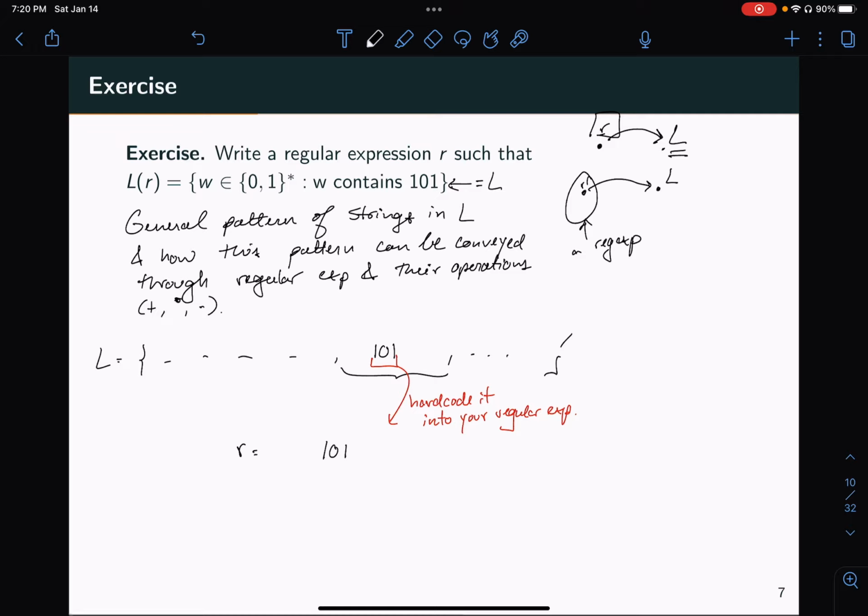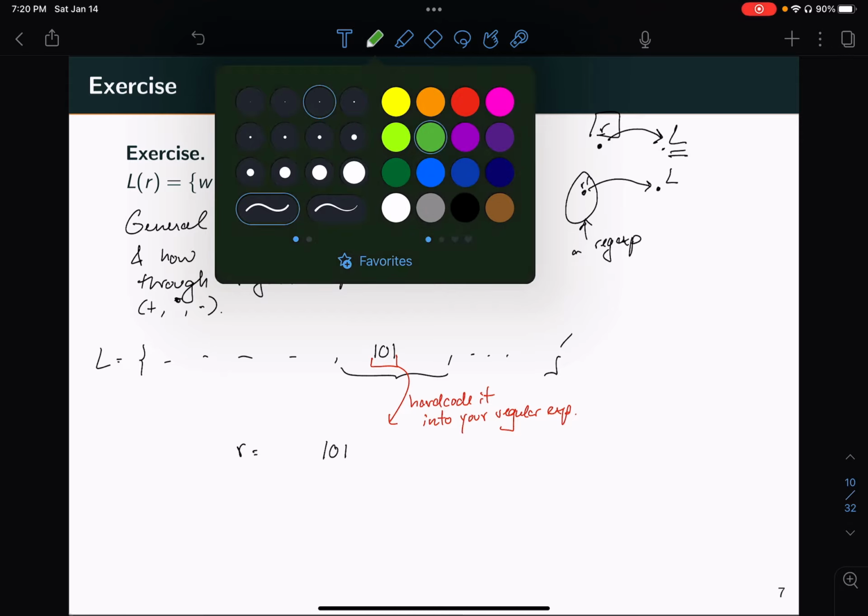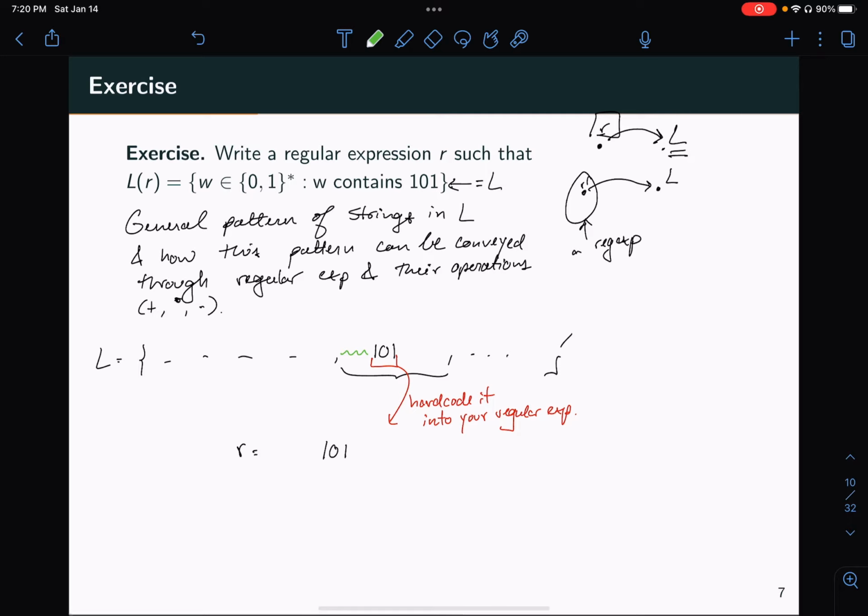And what can come before or after this pattern? Well, you simply don't care. There could be stuff before and there could be stuff after, but in both cases, it could be anything.